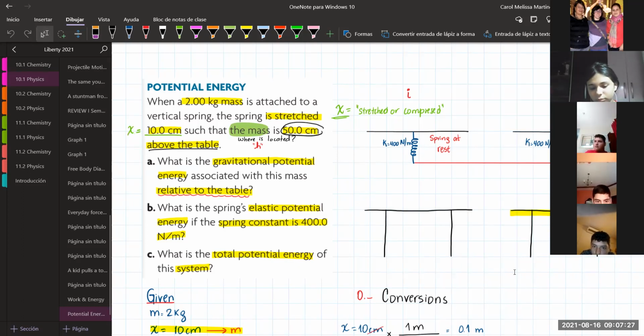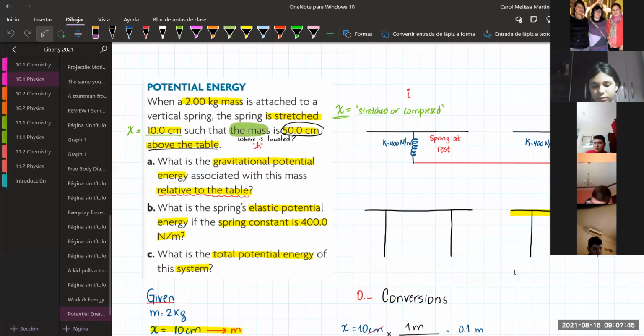Yes, miss. Thank you. So remember, X is going to be followed by or preceded by stretched or compressed, and height is going to be more related to location. Okay.